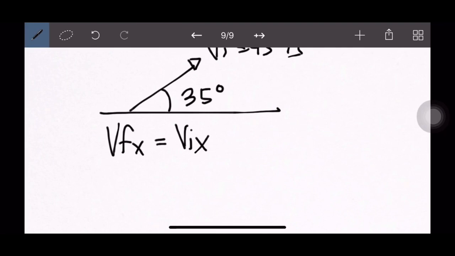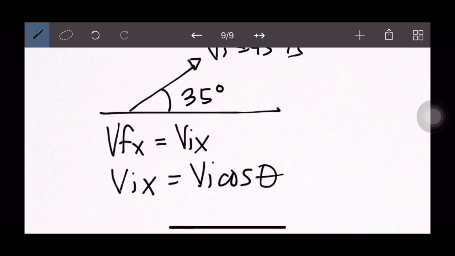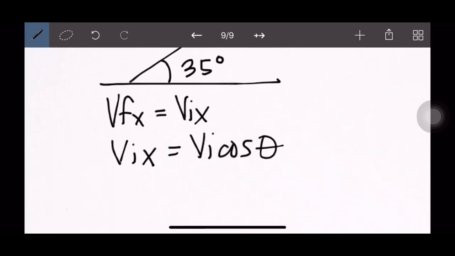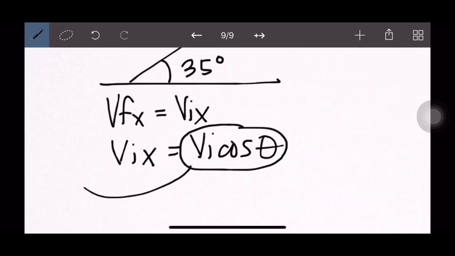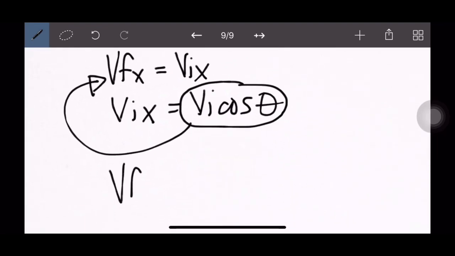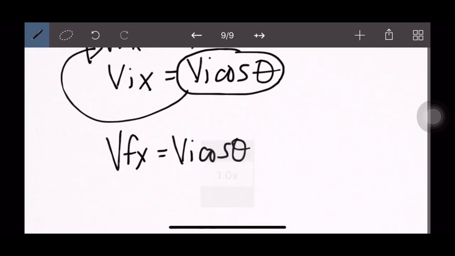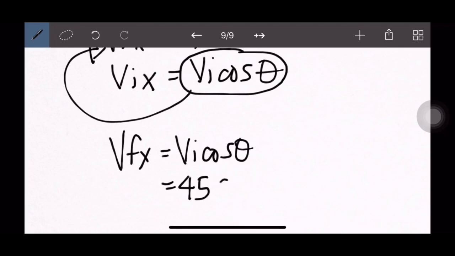Initial velocity along the x component is VI cosine theta. So this means that we can also use this formula to get our VFX, or the final velocity along the horizontal. So VFX is equal to VI cosine theta. So VI is 45 cosine of 35 degrees.